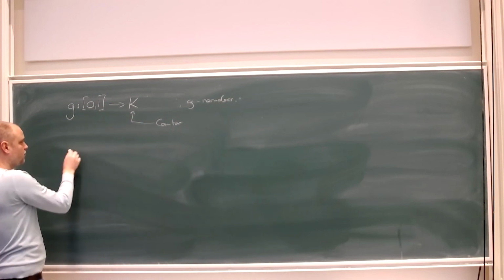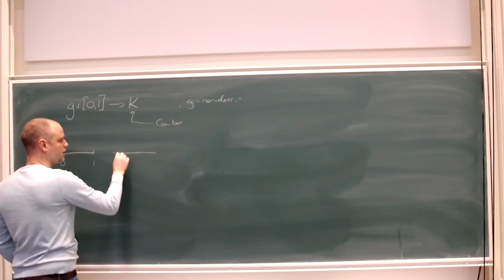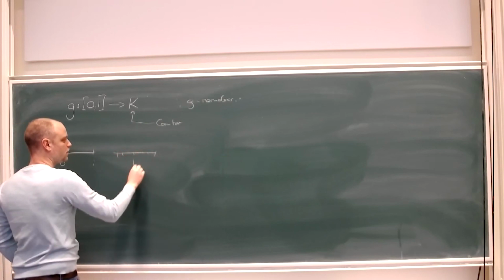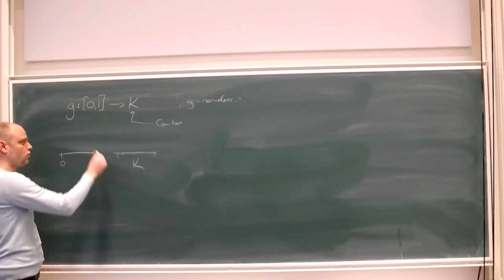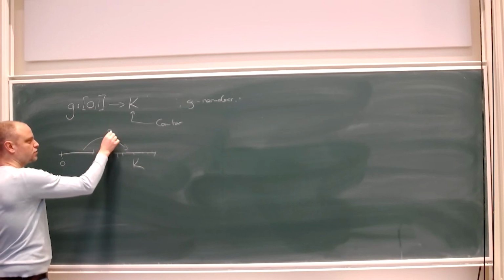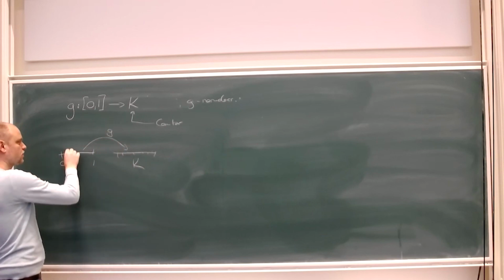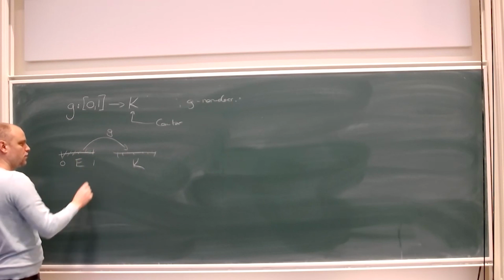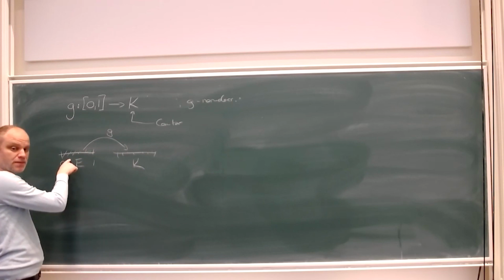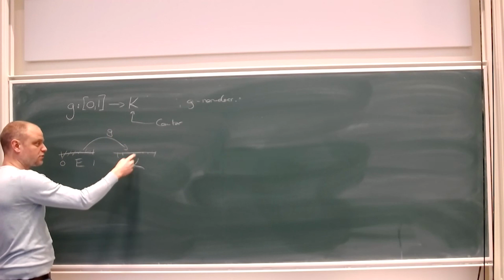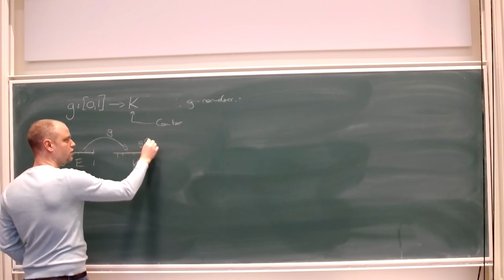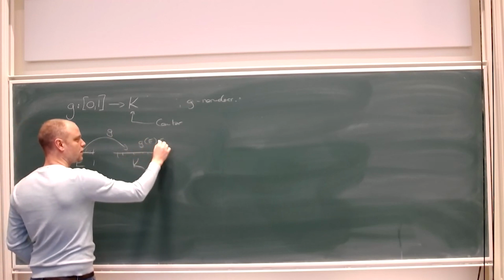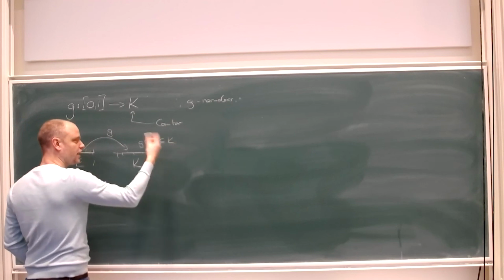So, okay, we have here the interval 0 to 1. Here we have the Cantor set, which is very small, and we have this bijection G. And then I took a set E here, which was very ugly. It sends it into a subset of K. So G of E is now a subset of K.